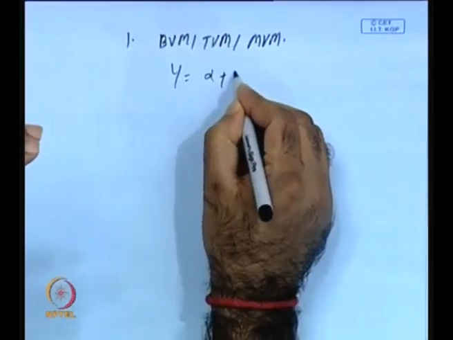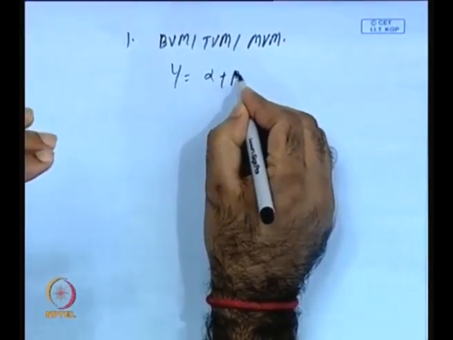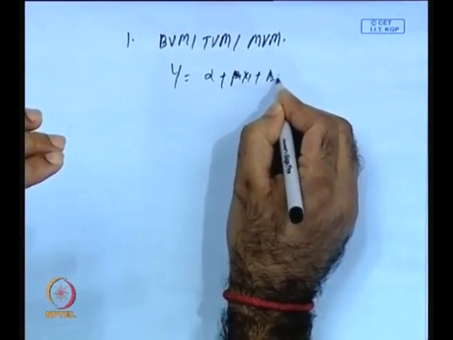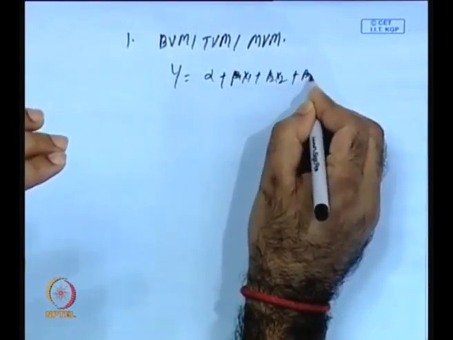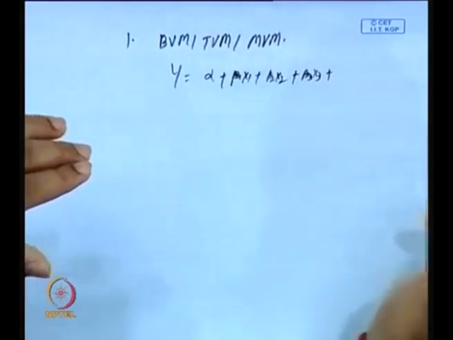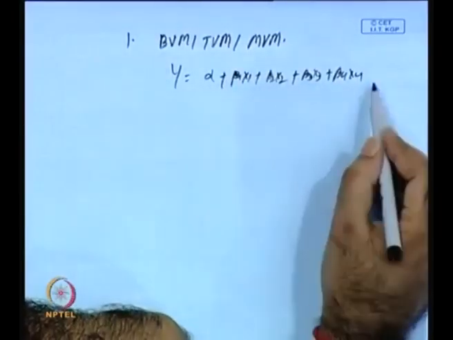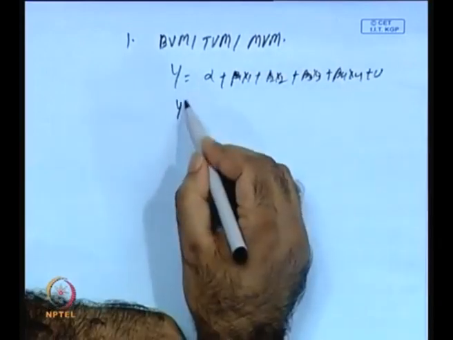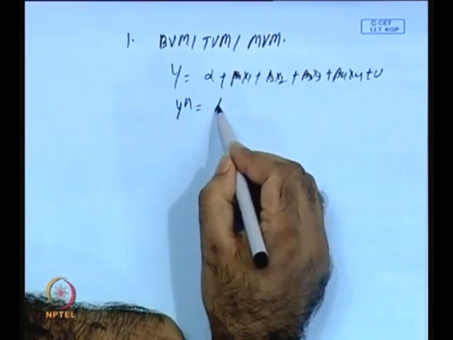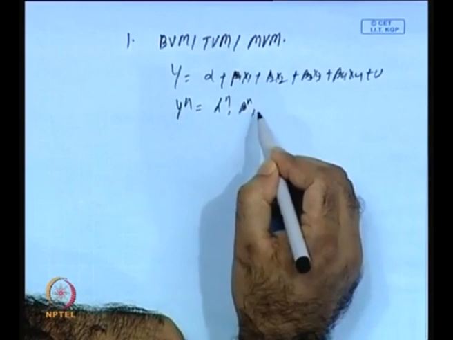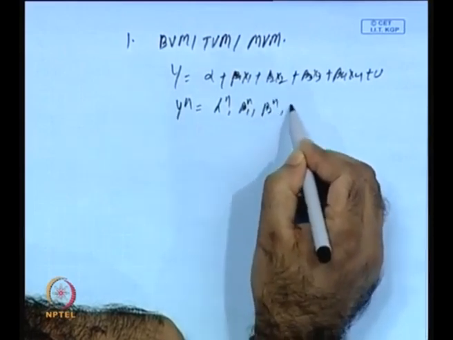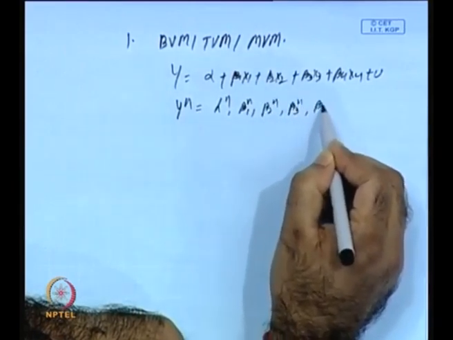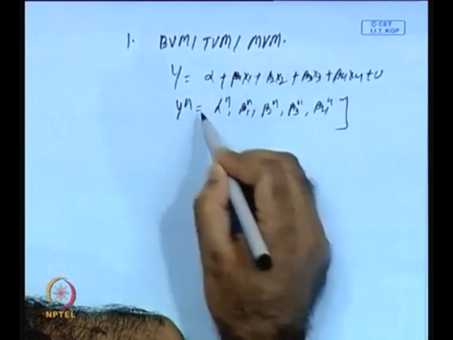Suppose the model is like this: y equals alpha plus beta 1 x 1 plus beta 2 x 2, beta 3 x 3, beta 4 x 4. This is the complete model. Then ultimately we get y hat, that is alpha hat, beta 1 hat, beta 2 hat, beta 3 hat, beta 4 hat. These are the things we need to calculate.